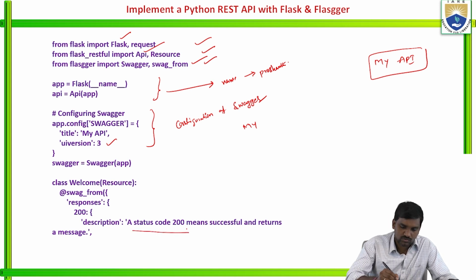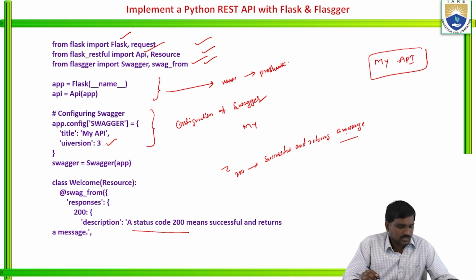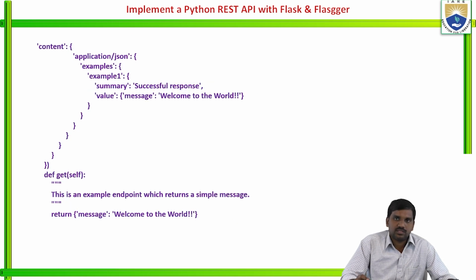Here the status code 200, successful response, returns a message. So this is the first part of the program.